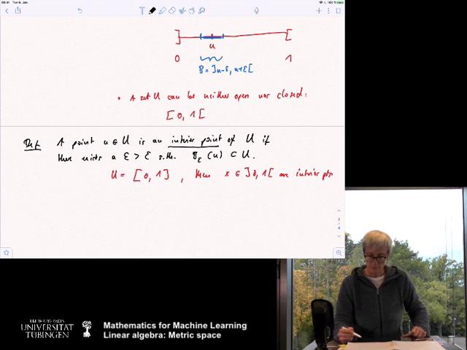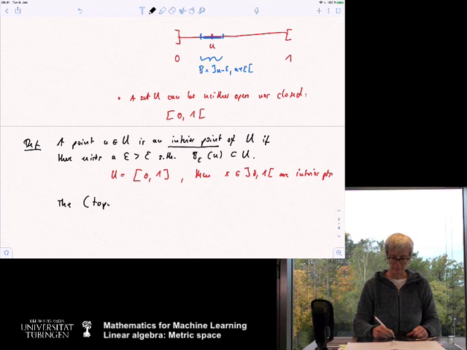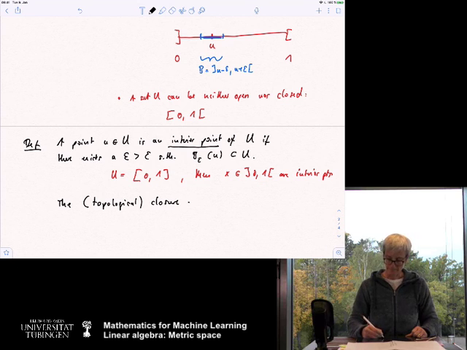So that's interior point. Now I want to say what the topological closure of a set U is. It is defined as follows.